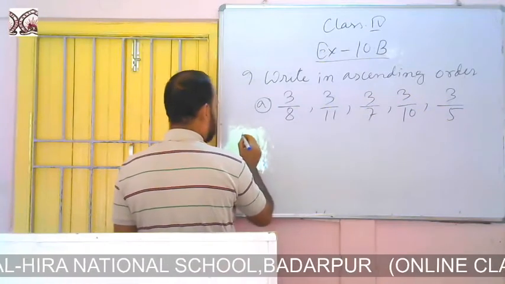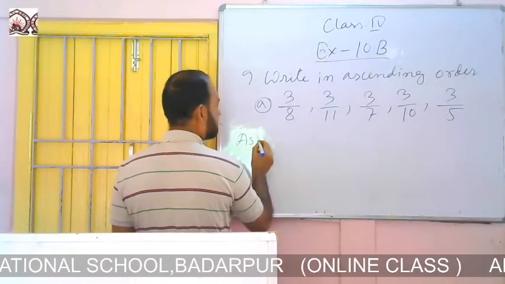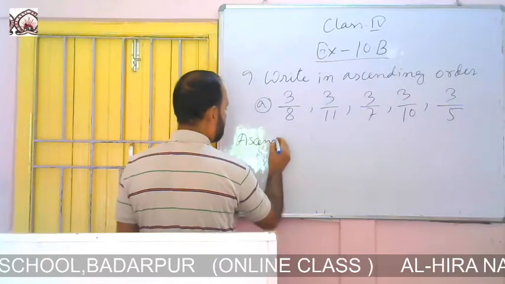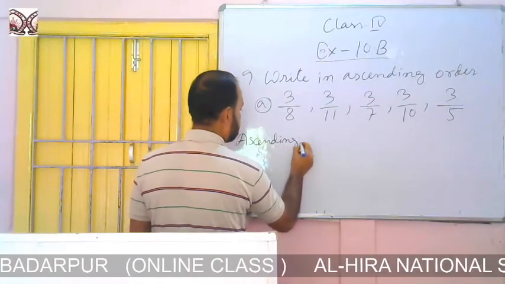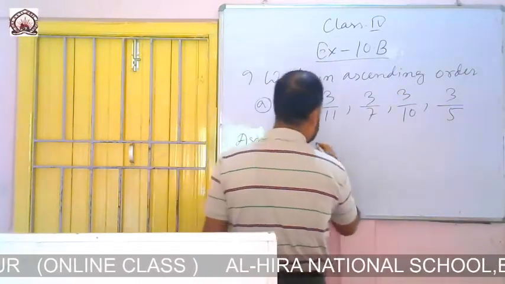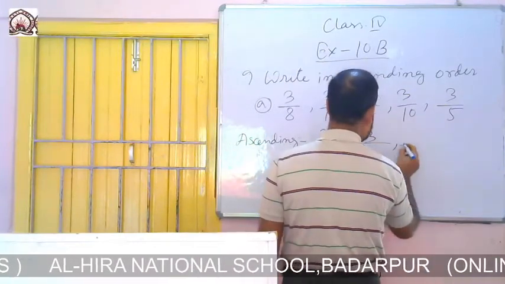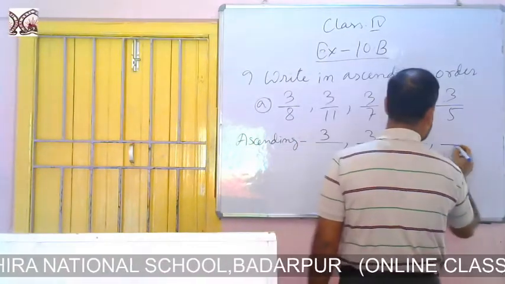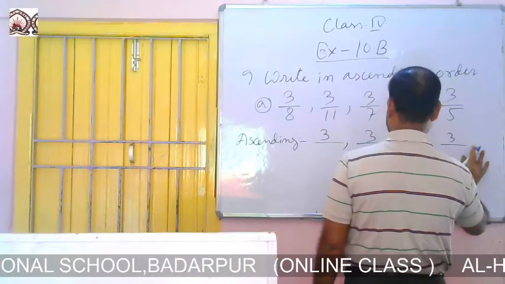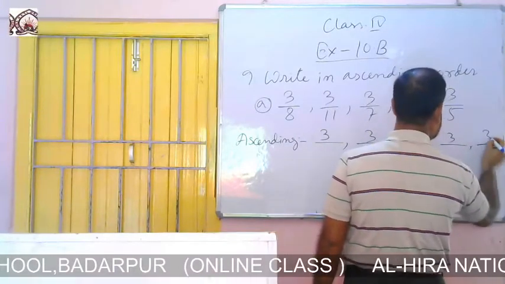So we write in ascending order. First we write all numerators 3, 3, 3, 3, 3.